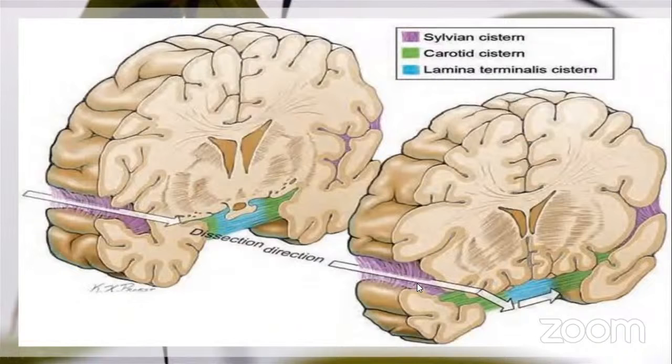That when opened, it leads us to another cistern, that is carotid cistern, which if opened can further lead us to the lamina terminalis cistern. So starting from the lateral surface to the M2s, if we can see the vascular anomalies of M2 or M3 aneurysms, we are starting from the lateral surface.